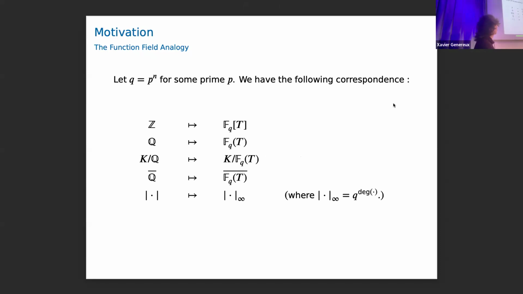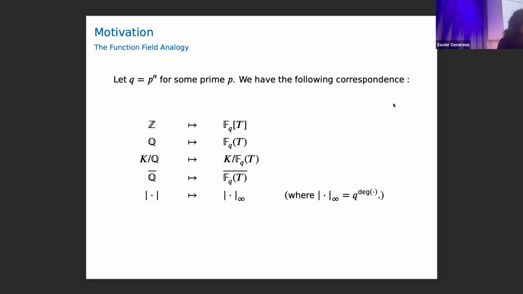Something else we'll be interested in is some notion of absolute value. We have the normal absolute value on the reals on the left, and on the right that corresponds to this absolute value that I write with an infinity. This is q raised to the degree of my polynomial, at least for a polynomial.